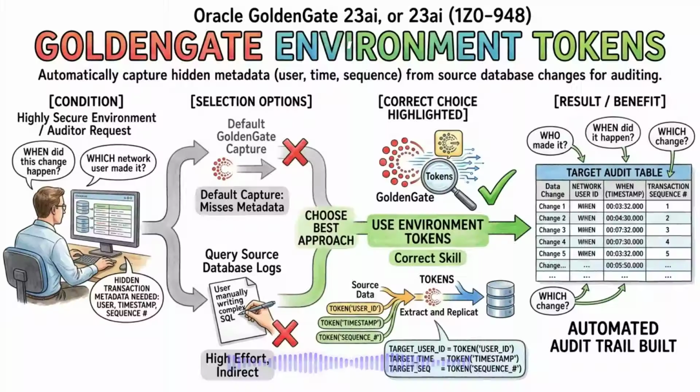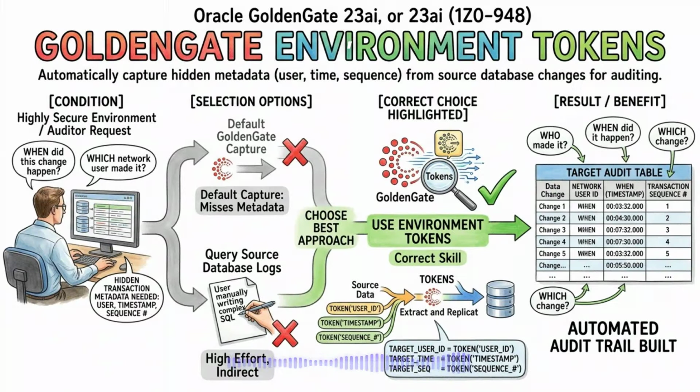Simply mapping the table names is rarely enough, because the columns inside those tables will likely have different names as well. Your source table might have a column named EMP_ID, but the target table expects a column named employee_number.